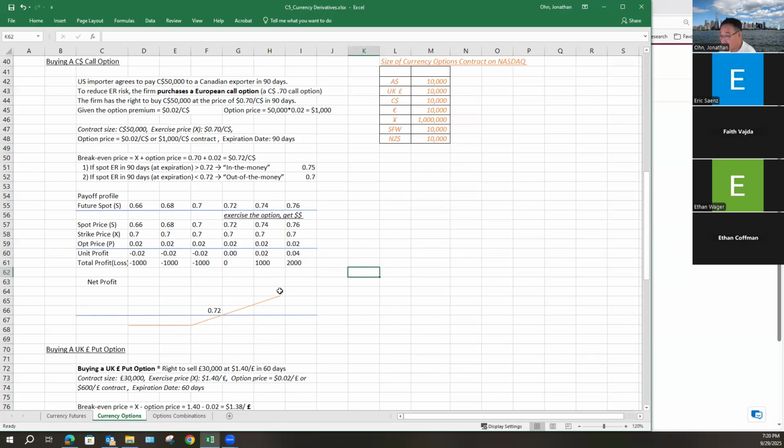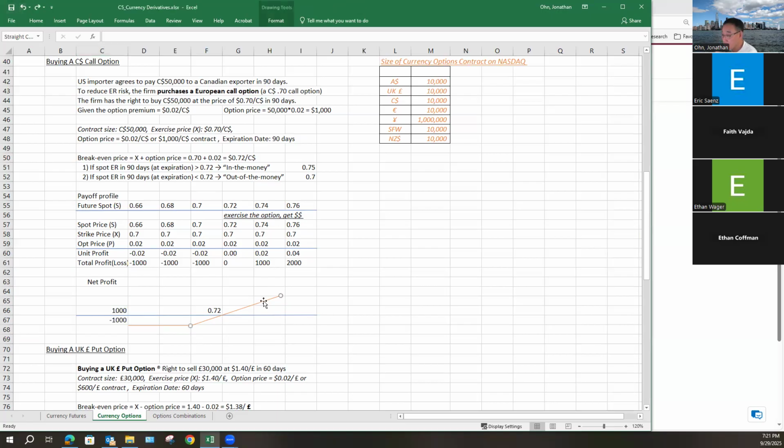This is minus 1,000 there, and then this is 1,000, and this is 2,000 there. That is a graphical illustration of the net profit schedule, the payoff. So when you are out of the money, you just pay the $1,000 option price cost, but when you are in the money, you get the profit there. And if it is higher than that, oops.